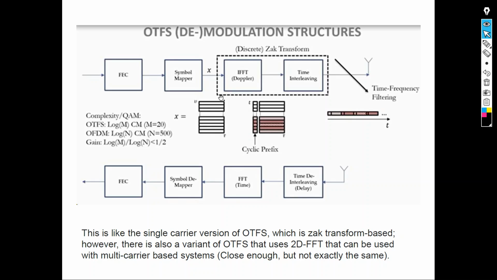And you form a matrix of these symbols. X is a matrix, with multiple rows, each row with multiple elements. Then you take the IFFT along each axis, along each column here. You take the IFFT of this along V, and you end up getting this first row.